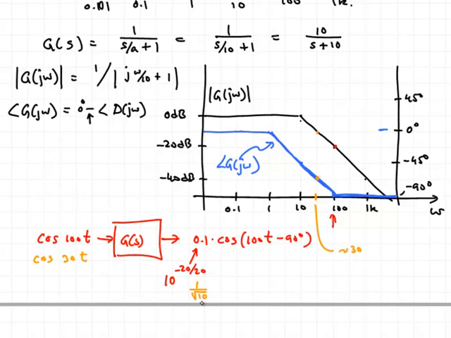So you can look at it as square root of 0.1 times cosine of 30t, and now what's my phase? It looks like it's between minus 45 and minus 90, so minus 67 and a half. Let's say minus 67, this is all approximate.